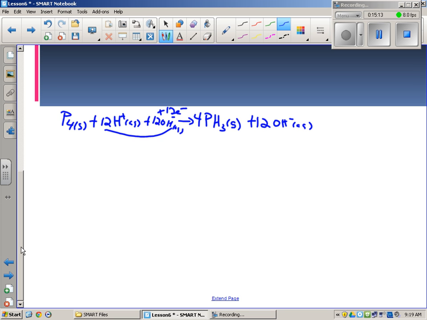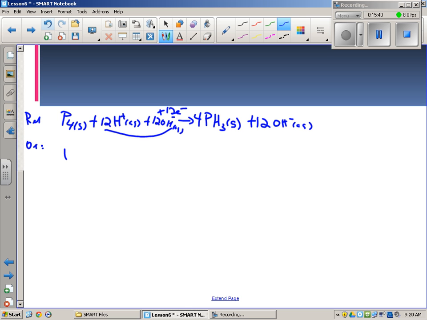Should have spread it out a little bit more. Okay, good enough. Anyway, 12 electrons to the left-hand side. Okay. The next one here, let's see. So that's your reduction, obviously.